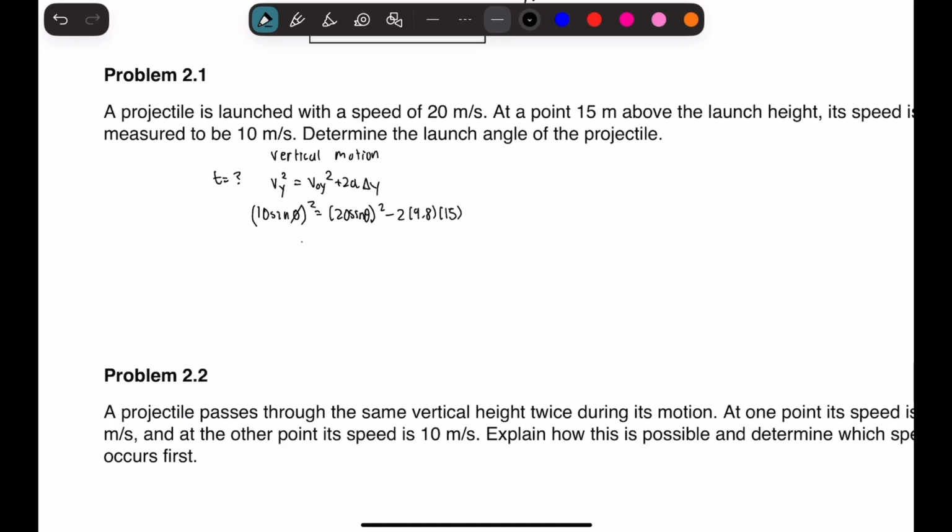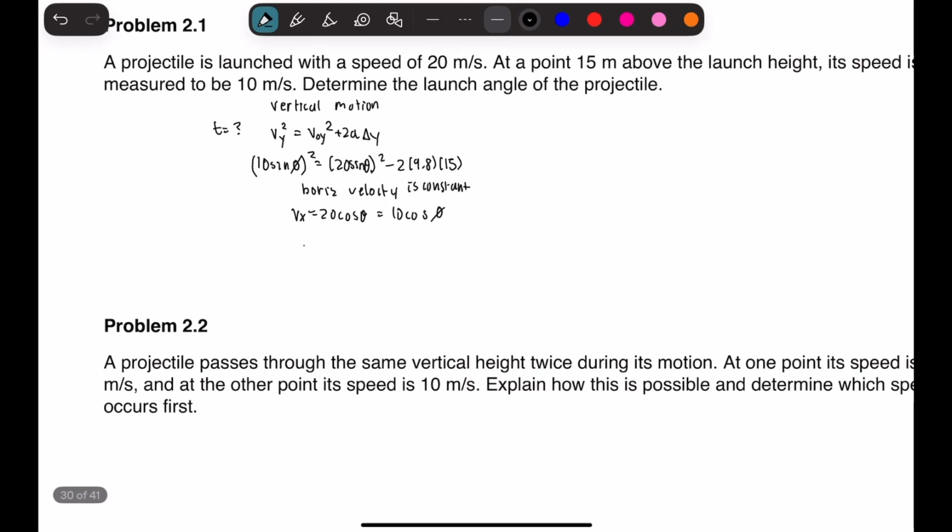But we know that horizontal velocity is constant, and because we know it's constant, we can say that v of x is equal to 20 cosine theta, and then we know that that is equal to 10 cosine of the other angle. So now we can rewrite this as cosine of the other angle is equal to 2 cosine of theta.